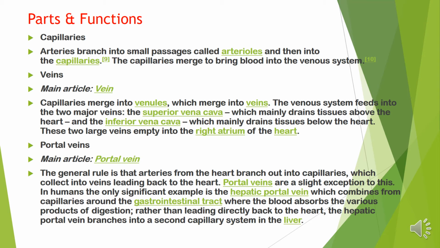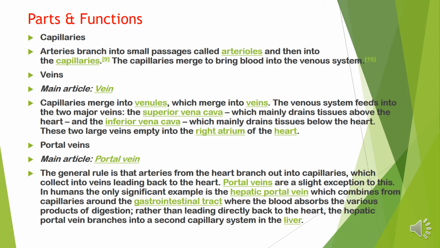Portal veins. The general rule is that arteries from the heart branch out into capillaries, which collect into veins leading back to our heart. Portal veins are a slight exception to this in humans.